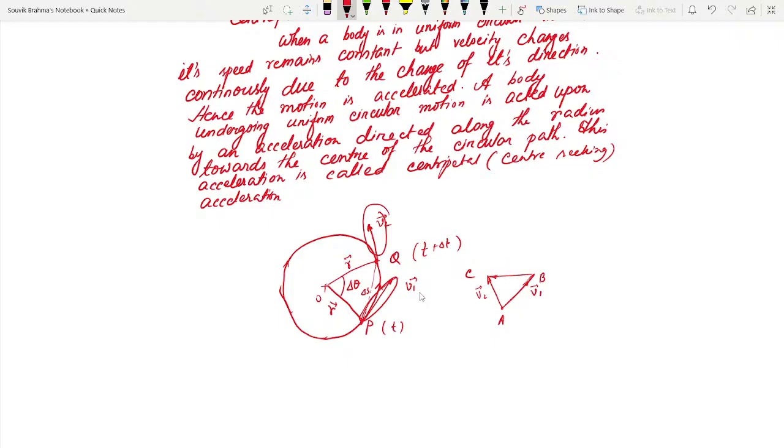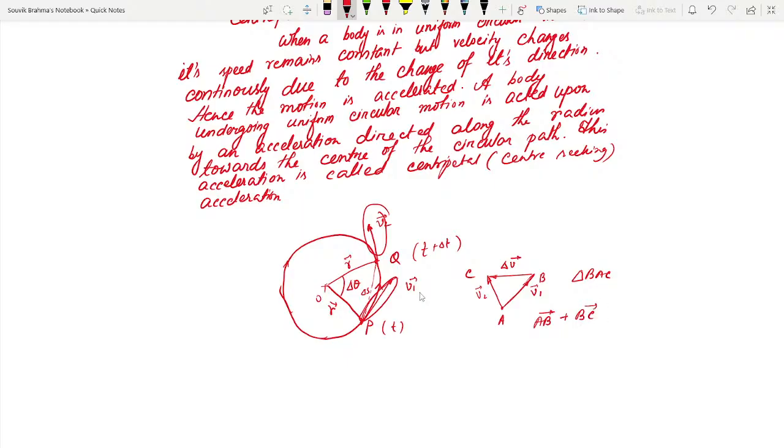Okay, and this will be the change. Here, if you apply the triangle law of vector addition for this triangle BAC, then we know AB, this is one vector, AB plus BC.